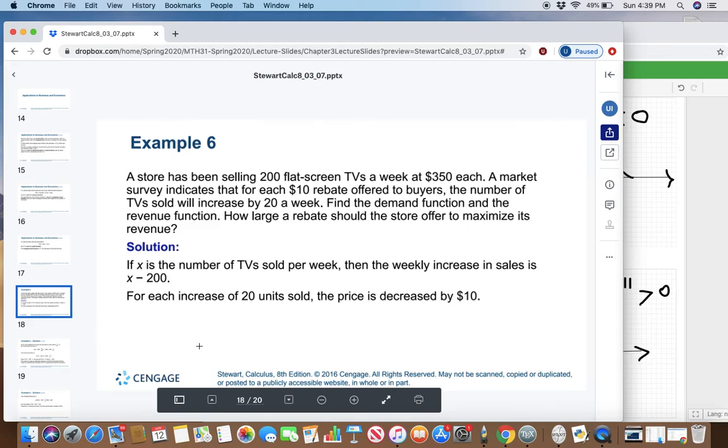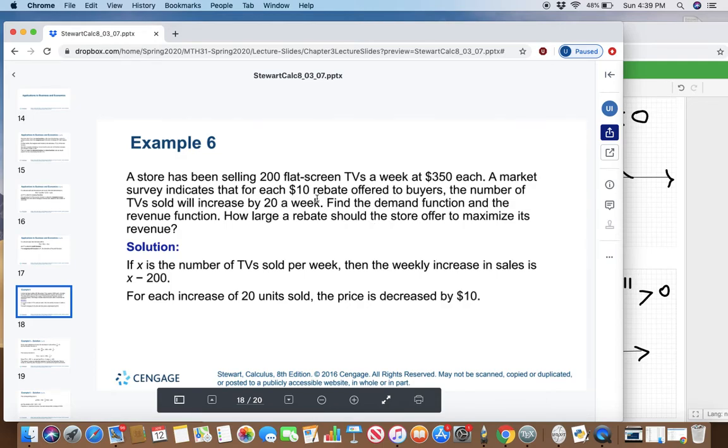So here is a concrete example. A store has been selling 200 flat screen TVs a week. So every week it has been selling 200 flat screen TVs. They are charging $350 each. A market survey indicates that for each $10 rebate offered to buyers, the number of TVs sold will increase by 20.